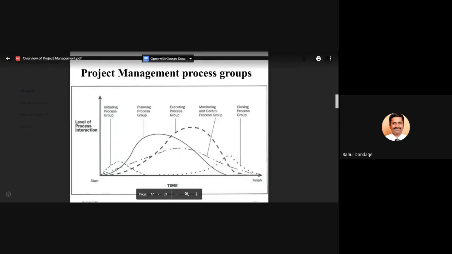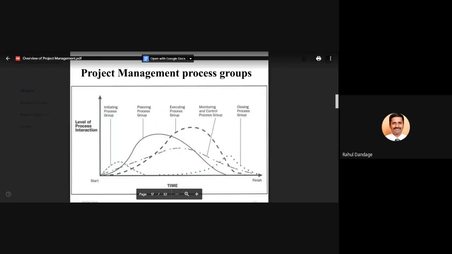You can observe that it has more and more levels of interaction in the beginning phase, and then it goes on reducing the level of interaction in the latter part. Correct?